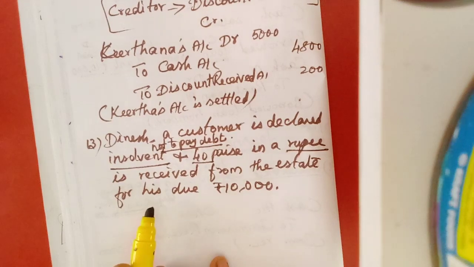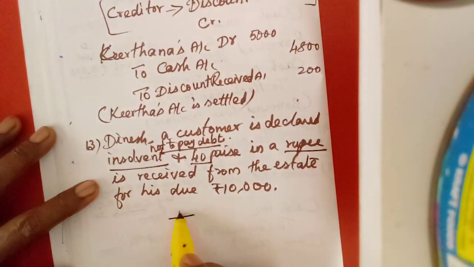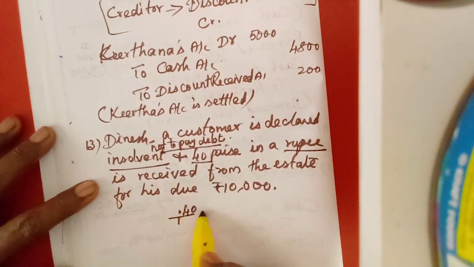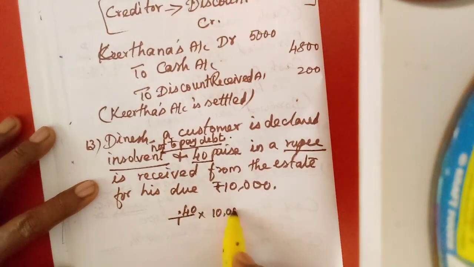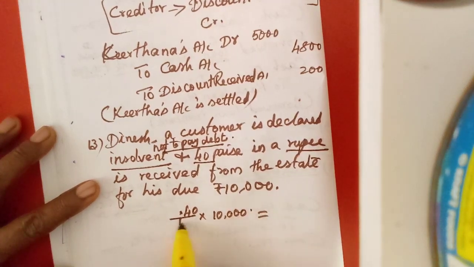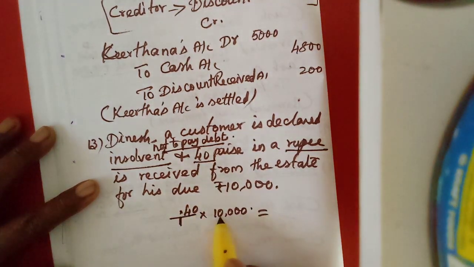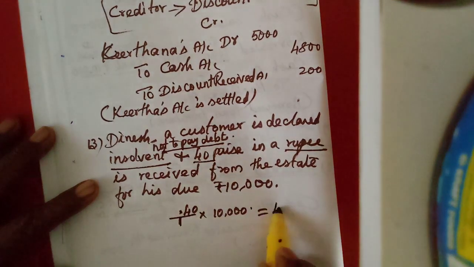So we need to calculate that amount. Understand? For 1 rupee, we can get 40 paise. So for 10,000, how much can we receive? So for 1 rupee, 40 paise. So here we multiply: 4 into 1, 40.